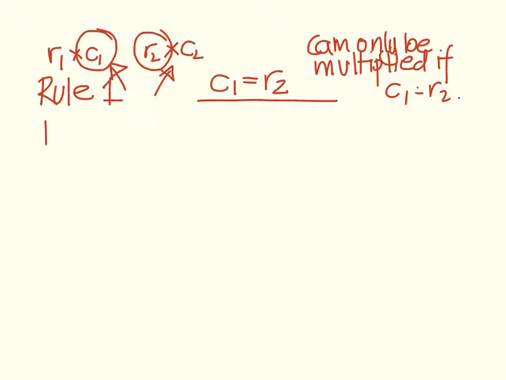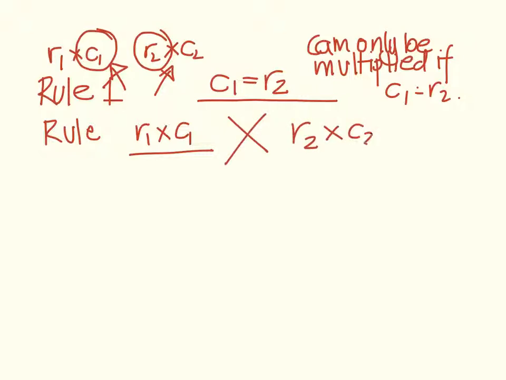Alright, now that's the first rule. The second rule is that when you do multiply R1 by C1, so that matrix 1, and we multiply that by R2 by C2, what we need to know is that our resultant matrix is going to be R1 times by C2.